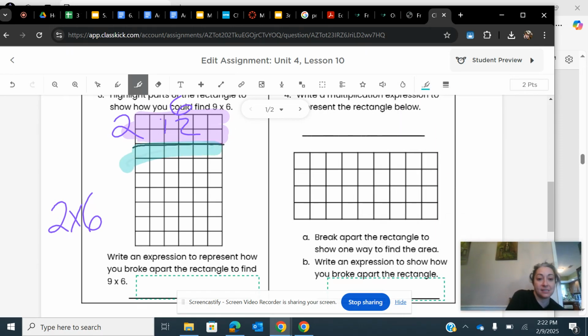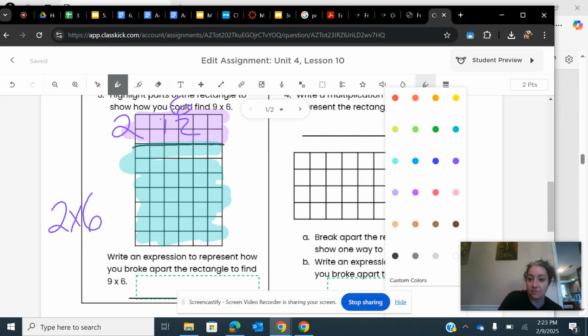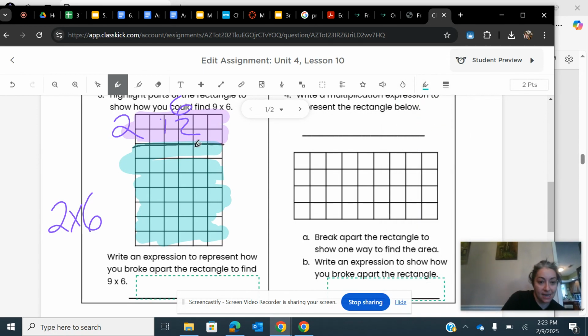Actually looks like a very nice color combo. And then I would label this one. I already know this is 6 across. And 1, 2, 3, 4, 5, 6, 7. That's kind of a hard fact to know, so I probably would have maybe done 5. Well, doesn't matter. The other one would be 7 times 6.